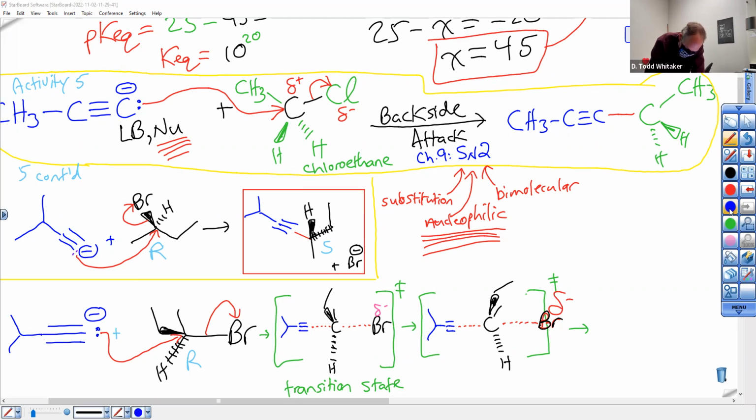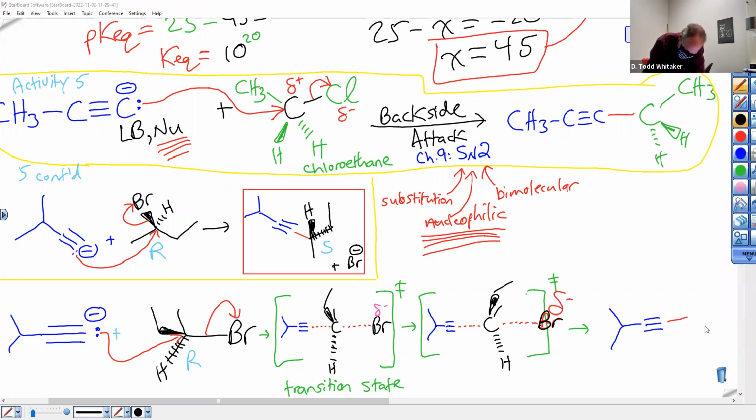When you're done, you got a real bond. That's exciting. To a C that has an ethyl and a methyl and the H. And I'm sure hoping it's not R. And it is.